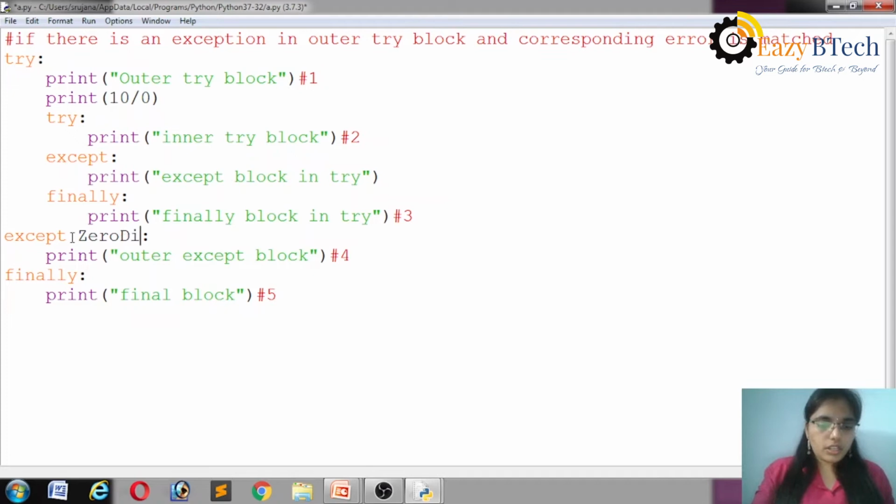That is a zero division error. So if there is an exception in the outer try block and the corresponding except block is matched.